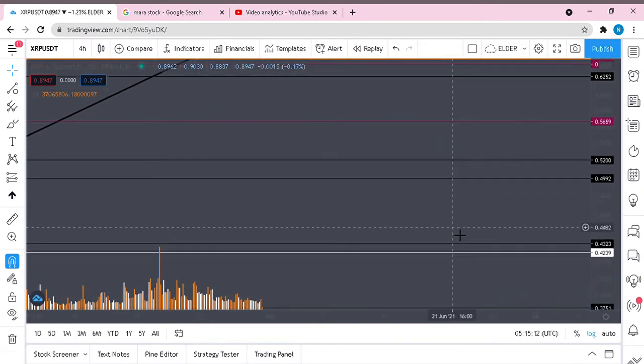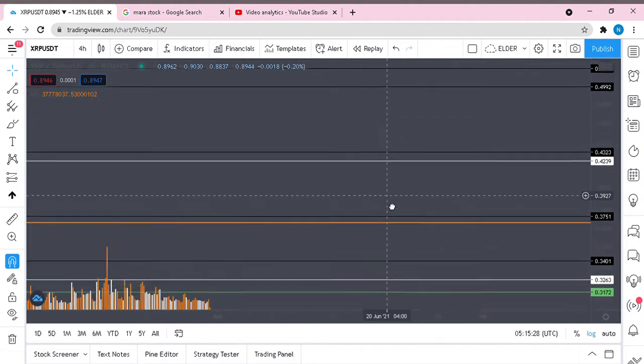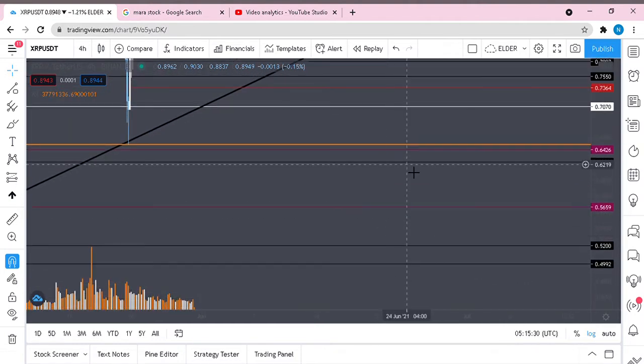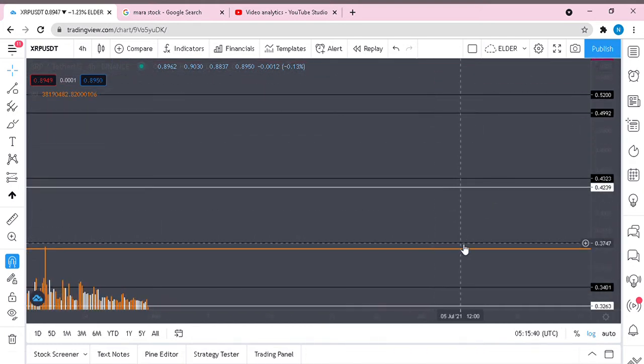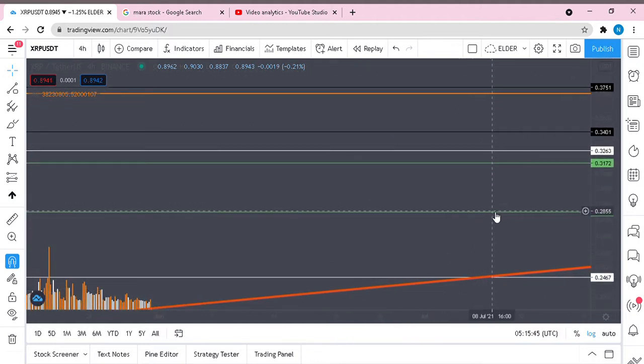Where is it going to fall down to? Right here. This is 0.3698. Once it falls down to 0.3698, then it can go back up and retest 0.6497 once again, and then it can come back down to retest this level and then fall all the way down here to 2850.